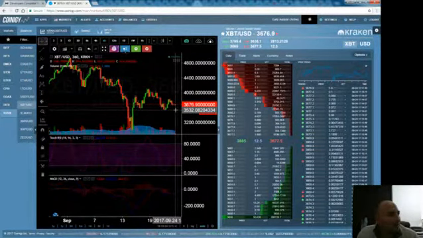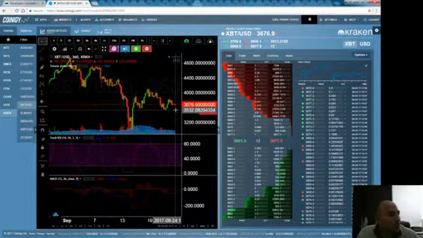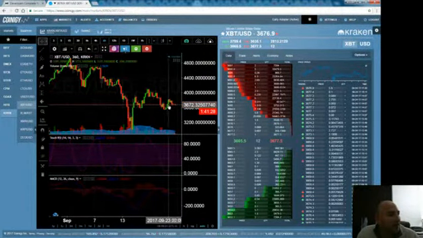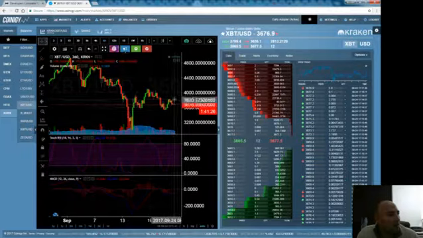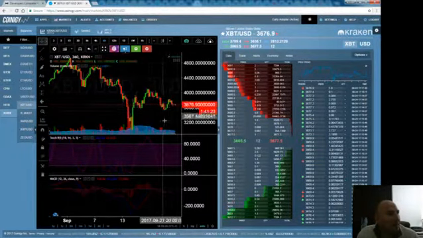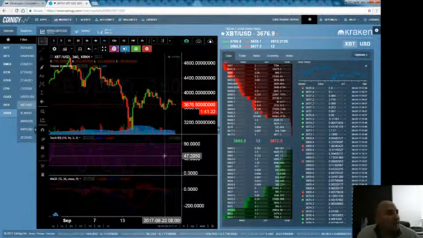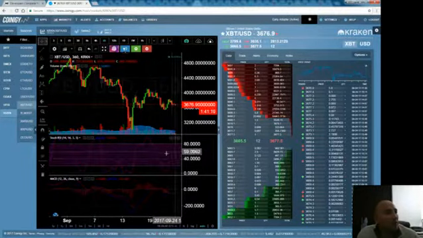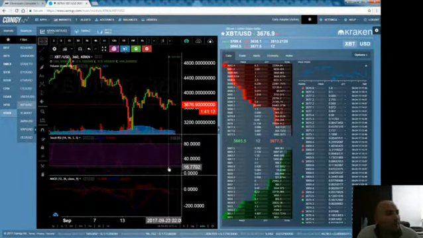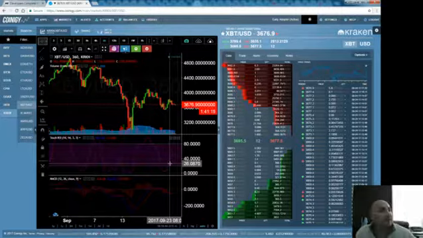So let's say that it goes back here. So it's going to form probably a head and shoulders pattern, right? Or maybe a double top, or maybe something else. Maybe from here it turns up. So you got to be looking at this graph to see what it is doing.